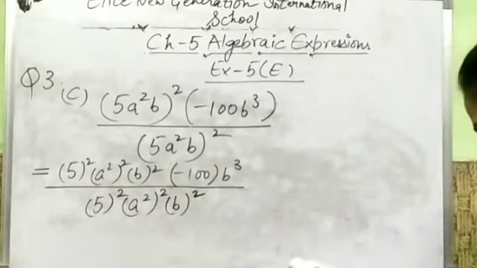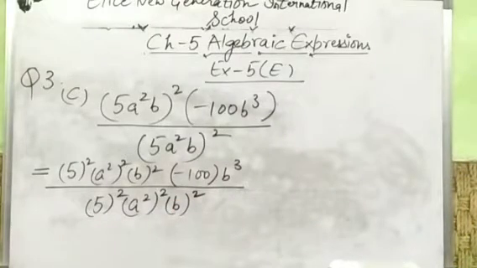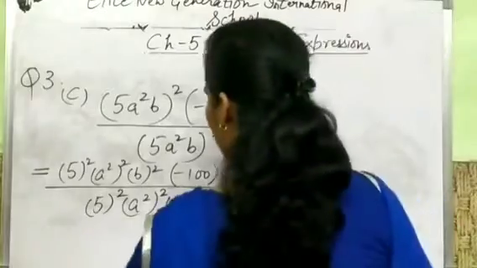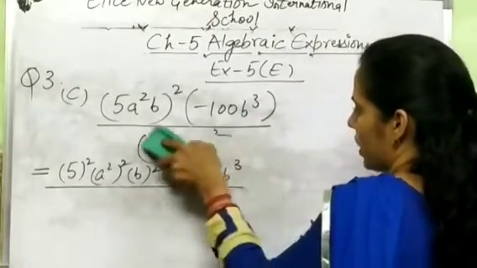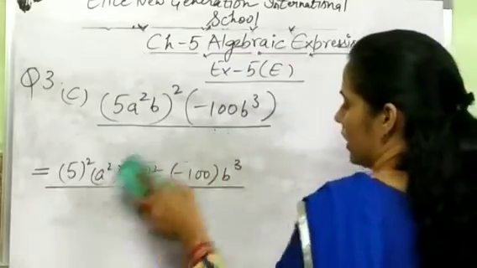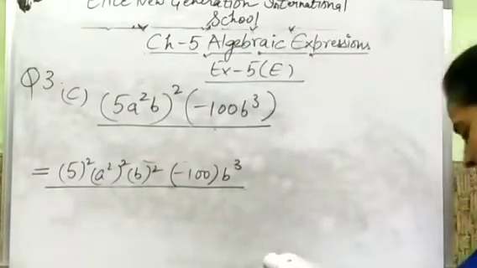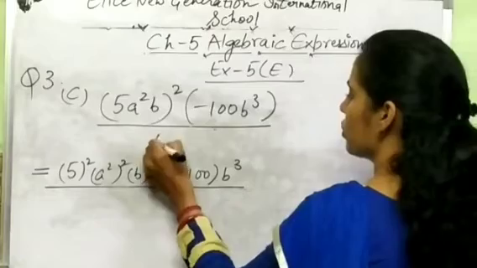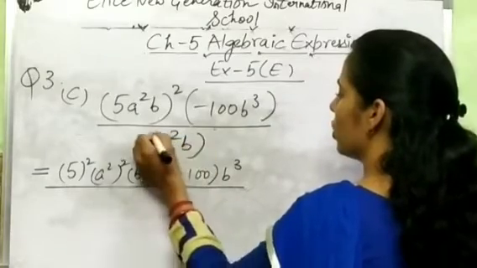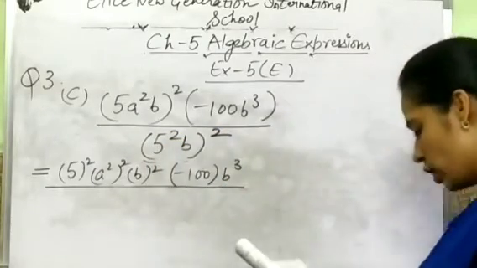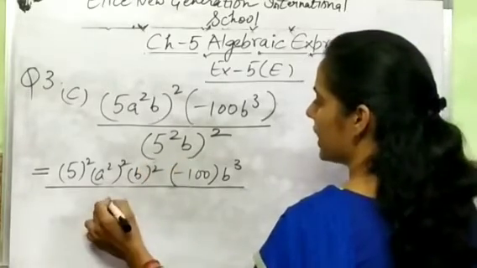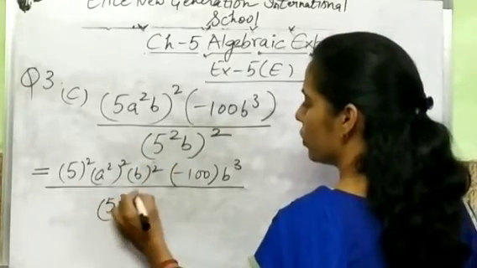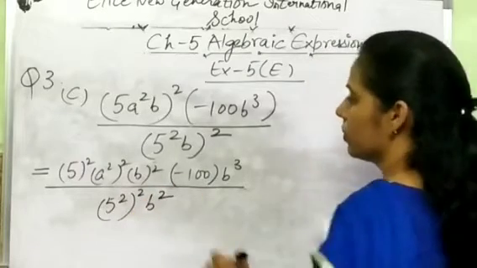Actually, this is not the question, sorry. The denominator value is different, which is 5 to the power 2 b to the whole power 2. This is the denominator value. So write like this: 5 to the power 2 to the power 2, and then b to the power 2.